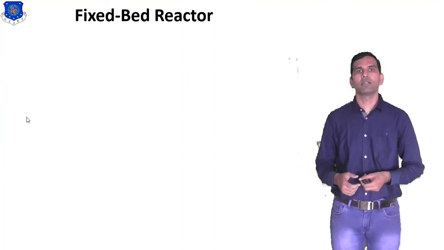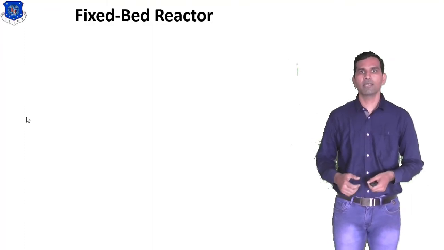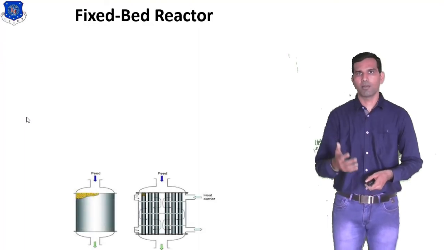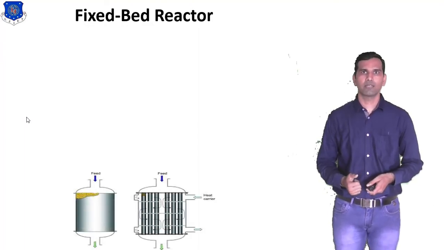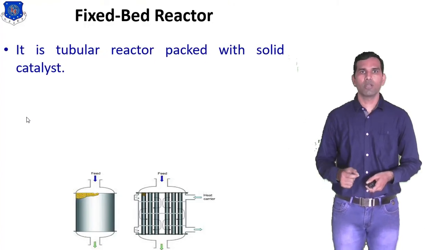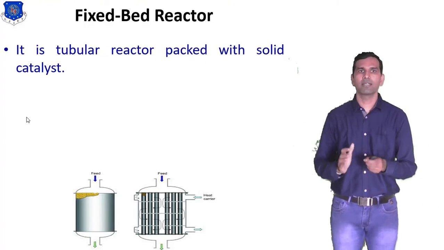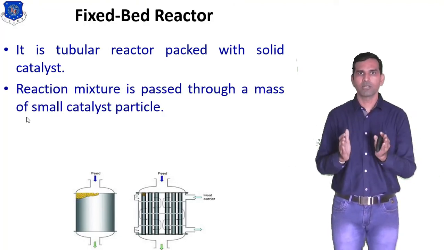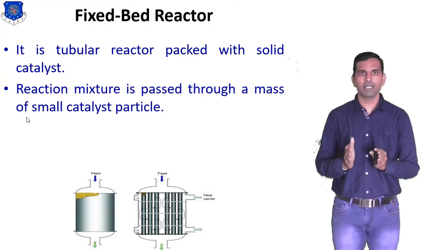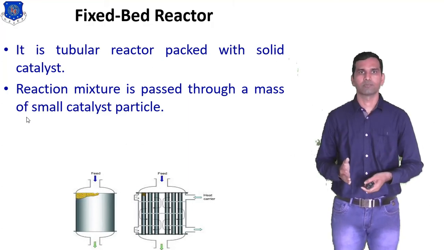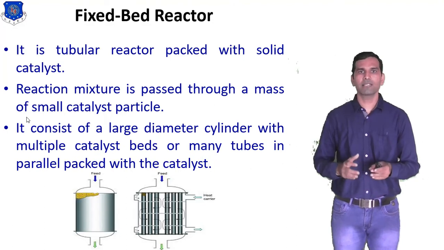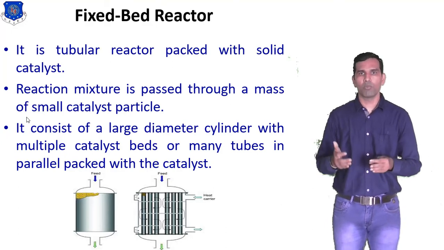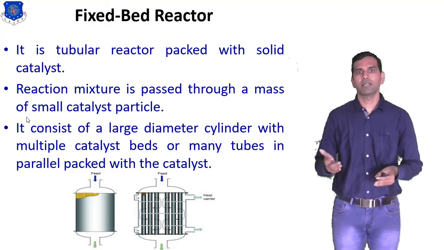Now we discuss the next type of reactor, that is the fixed bed reactor. So this is the diagram of the fixed bed reactor. It is a tubular reactor packed with solid catalyst. The reaction mixture is passed through a mass of small catalyst particles. It consists of a large diameter cylinder with multiple catalyst beds or many tubes in parallel packed with the catalyst.